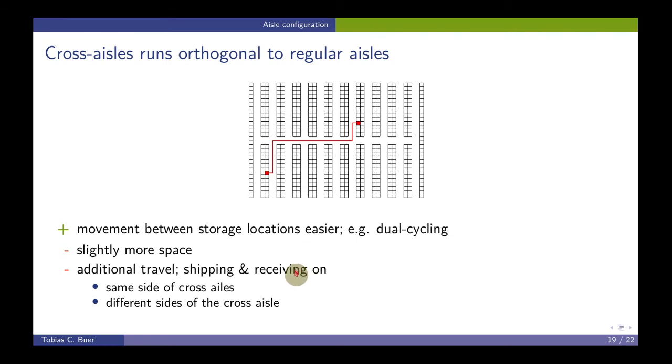But this seems to be a minor disadvantage. And if your shipping and receiving doors are on the same side of the warehouse, then for the lower part of the storage locations, they remain unchanged, but for all the upper parts, the travel distance is slightly increased because you have to cross the cross aisle.